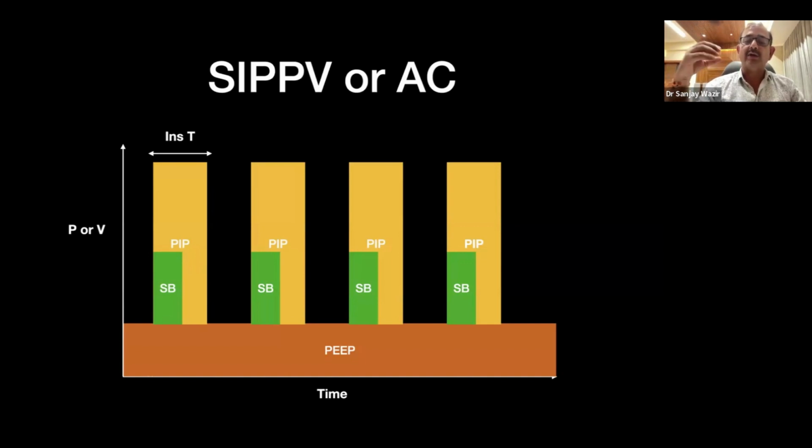So this results in every breath being supported. Suppose the baby is breathing at, hypothetically, 60, then every single breath of the child would be supported. If the baby is breathing at 40, every single one of the 40 breaths would be supported by the ventilator, if the trigger criteria is met.